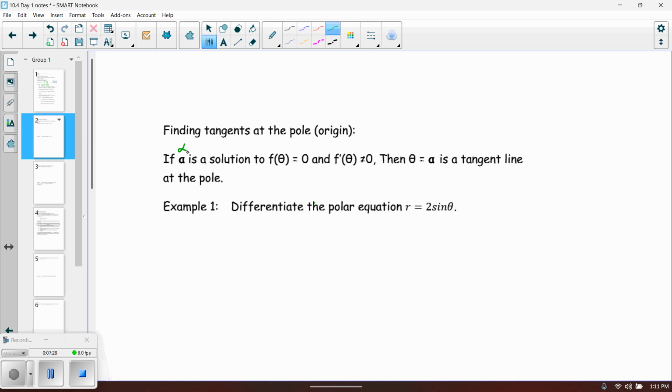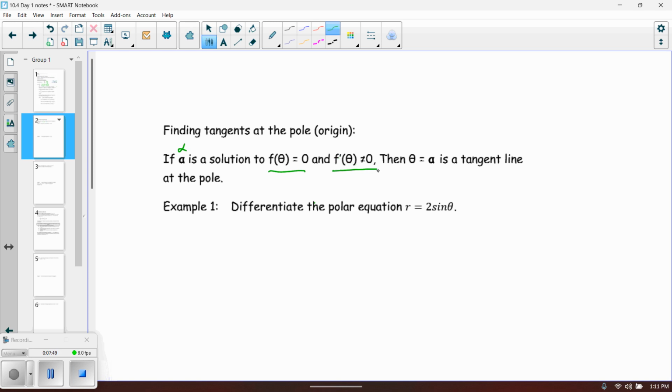Again, I'll talk about what that actually means when we get to that example. What does it mean to have a tangent line at the pole? But to figure it out, the original function f of theta needs to equal 0, and f prime of theta cannot equal 0 at those theta values. Those are the two important things. All right, we'll get to that example in a few minutes.